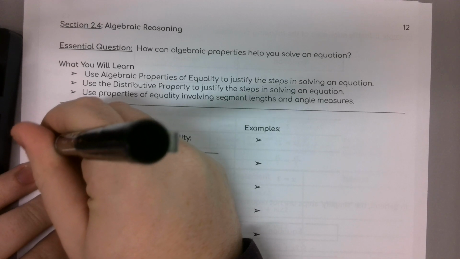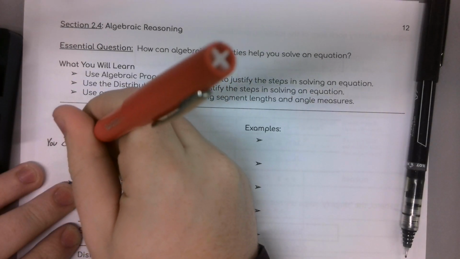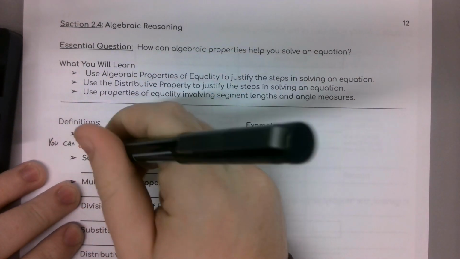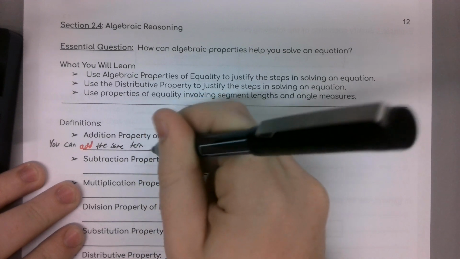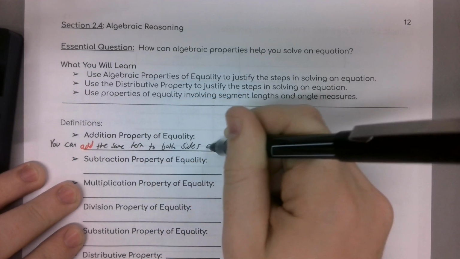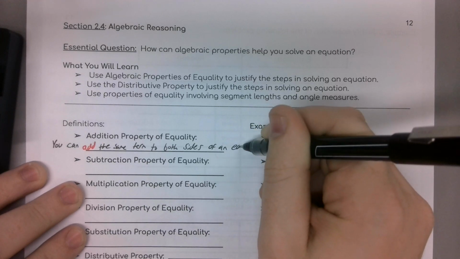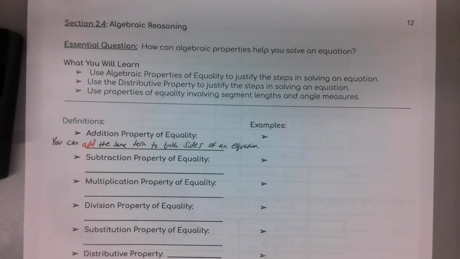The addition property of equality says you can add the same term to both sides of an equation. Why are we allowed to do that? Well, it produces what we call an equivalent equation, an equation that has the same answer as the original.